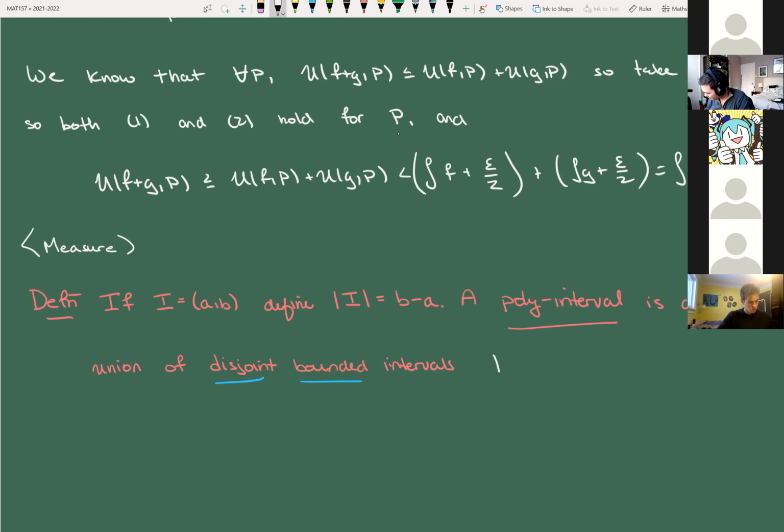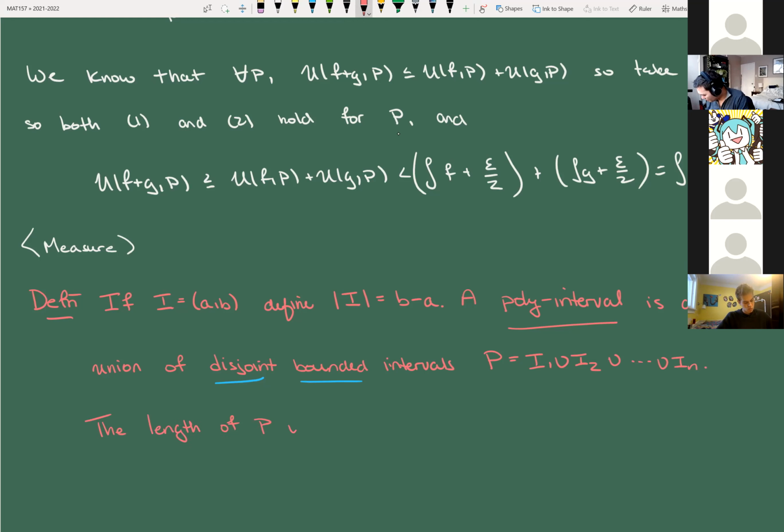I1 union I2, and so on. Basically, it's a finite union of things that look like I above there. The length of that polyinterval is the sum of the lengths of all of its constituent intervals.